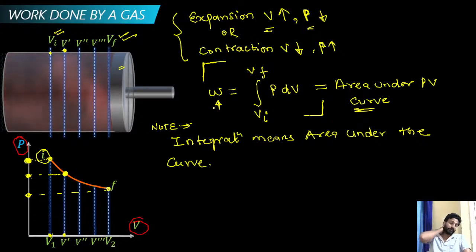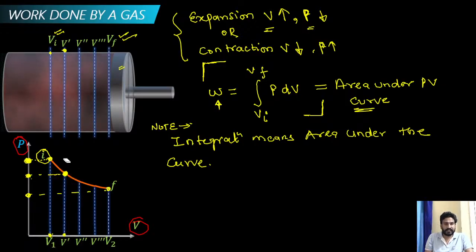Mohammed, is this clear to you or not? So integration means area under the curve, right? The integration of PdV means area under the PV curve. This integration term is equal to W, and also equal to the area under the PV curve. So if we have the PV graph and calculate the area under that curve, then we can get the work done by the gas. Is it clear to you?